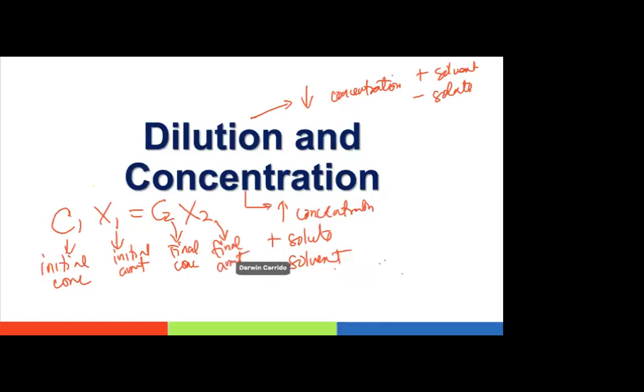X may be V, pwede. C1 V1, tama? Or C2 V2. V signifies volume kapag ml. Pero I will use X para general tayo. It can refer to either volume or weight. And again, pag dilution concentration, rate, hindi siya ratio proportion, C1 V1 or C1 X1 equals C2 X2.